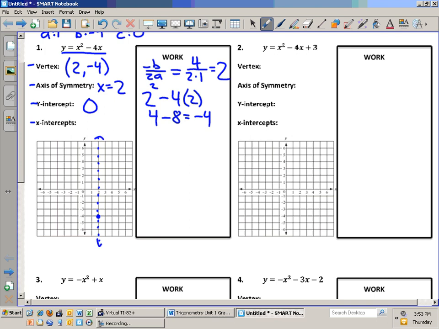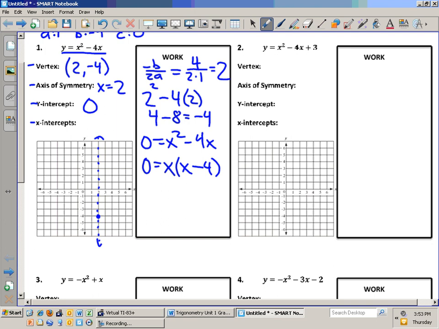Now what I have to find is the x-intercepts. And I do that, we practiced yesterday, by taking your function and setting it equal to 0. So 0 equals x squared minus 4x. First rule, we look for greatest common factor. Greatest common factor is x. Take it out, you're left with x minus 4.